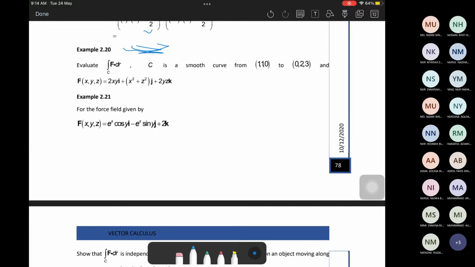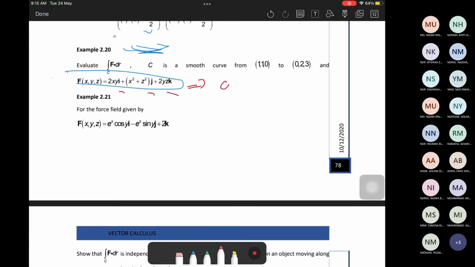Okay, P and Q dia bagi, so dia tak bagi pun dia punya curve dia bagaimana. Okay, so kita kena check lah, investigate lah whether F ni conservative atau tidak. Okay, so F(x,y,z), jadi kena check lah, iaitu dia ada 3 components kan.